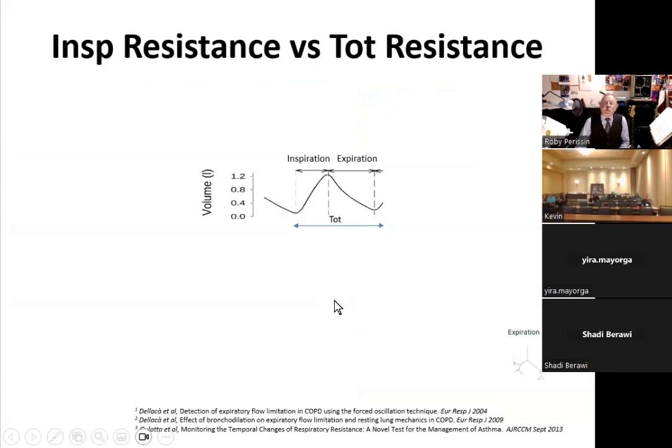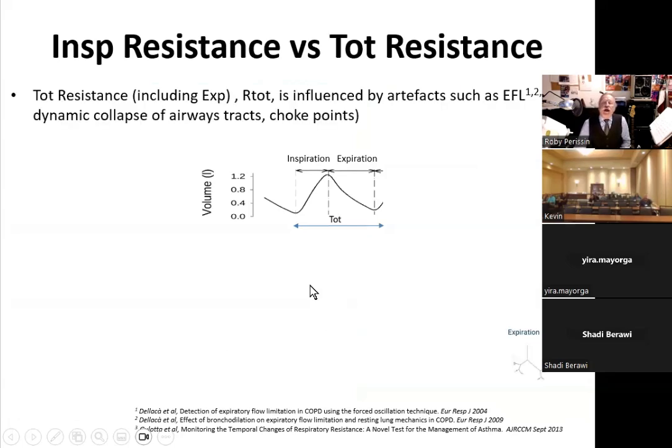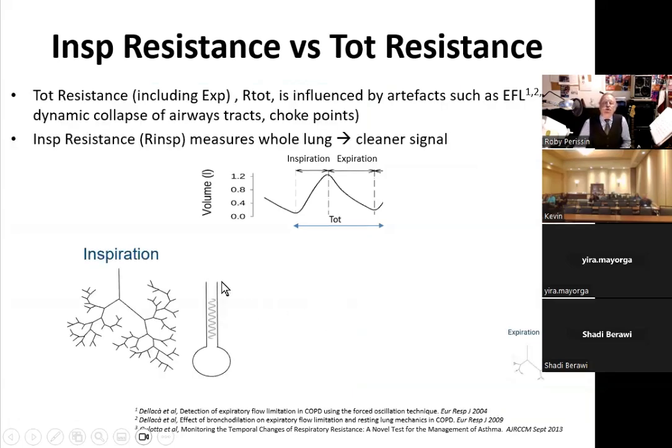Because of new technology, oscillometry can now measure during inspiration. During inspiration the small airways are all open, because you have to imagine thousands of little tiny balloons that are the small airways, that when you apply negative pressure, they all pop open.